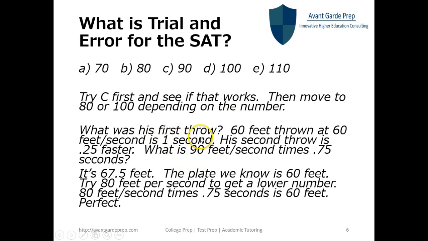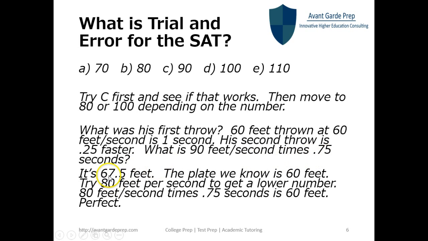Okay, so let's think about his first throw. His first throw was thrown at 60 feet per second, and the distance was 60 feet from the pitcher. That means that it took 1 second for the baseball to reach home plate. His second throw is 0.25 seconds faster. So what was the second pitch's velocity? Well, let's try C. What's 90 feet per second times 0.75 seconds?